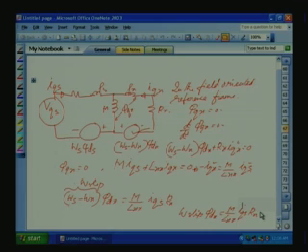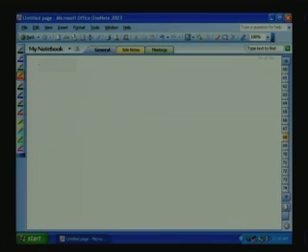Now let us take the D axis equivalent circuit under field oriented control. So we will go to the next page, that is the D axis equivalent circuit.